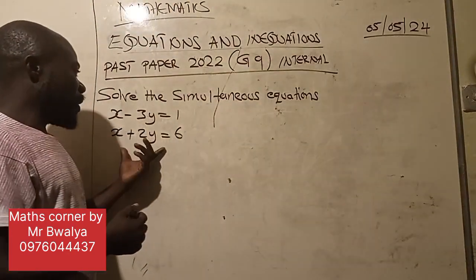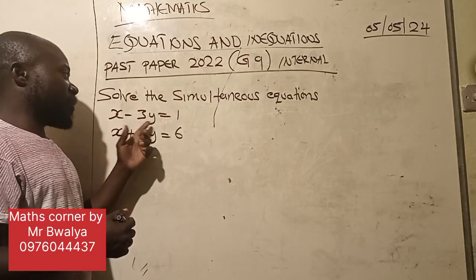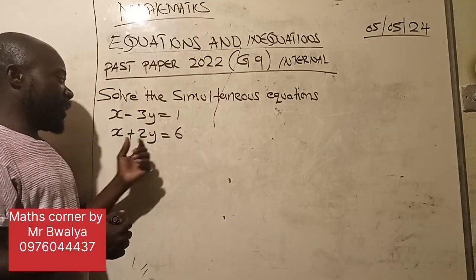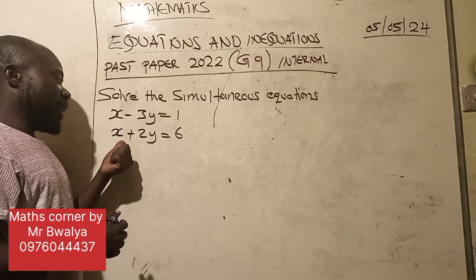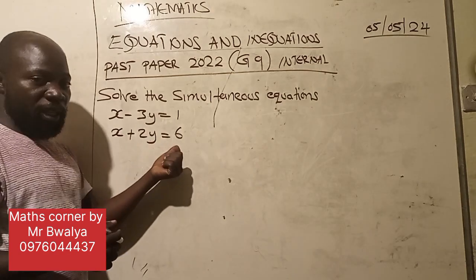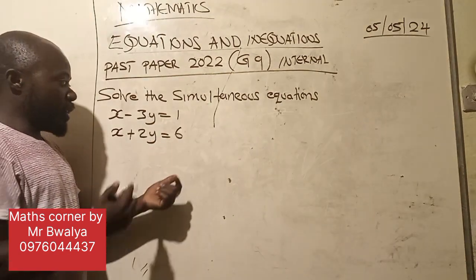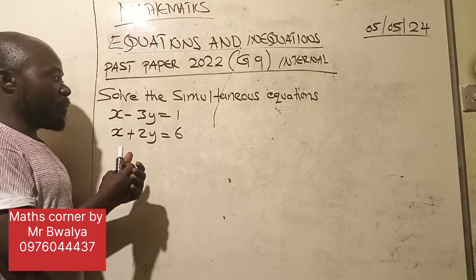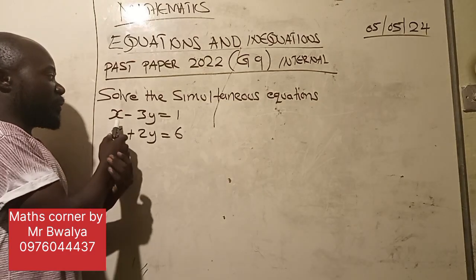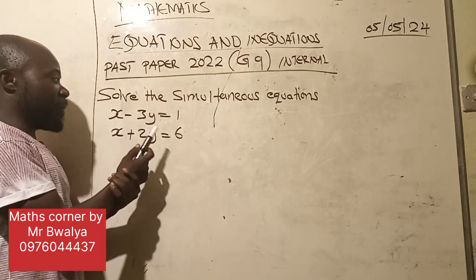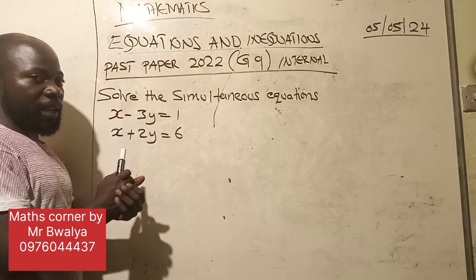The question given here is 3x minus y equals 1, and x plus 2y equals 6. Here we want to find the value of the given variables, which are x and y.